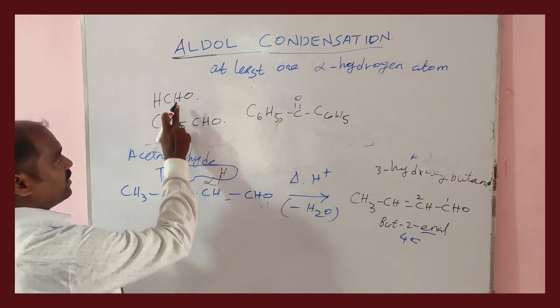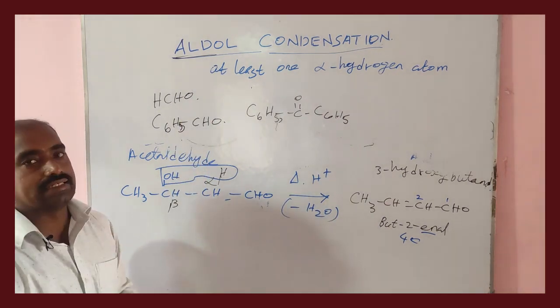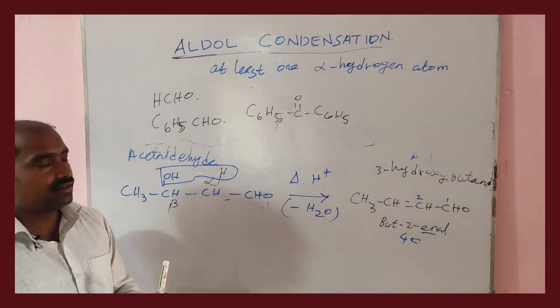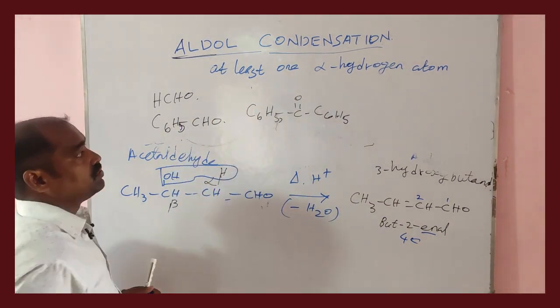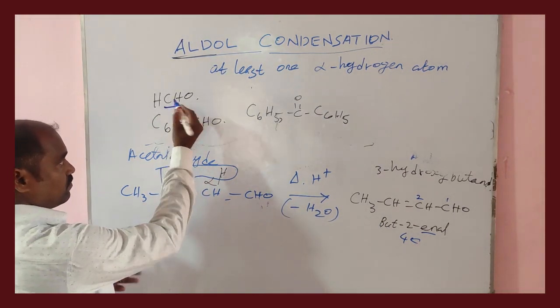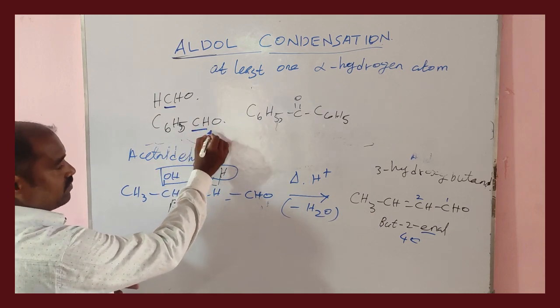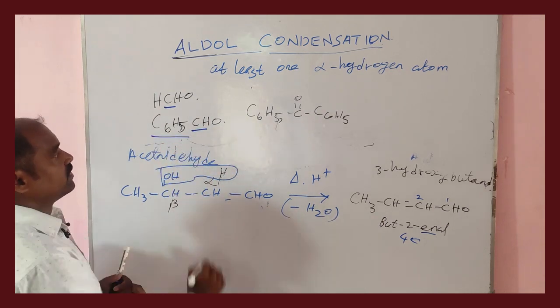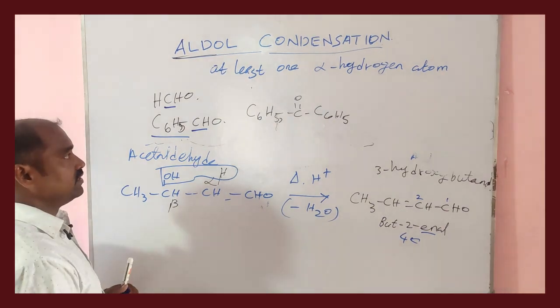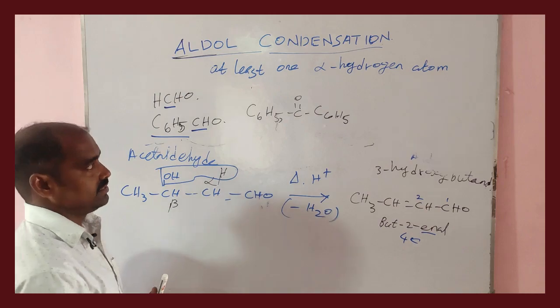These compounds do not undergo aldol condensation. The reason is these compounds do not contain alpha hydrogen. See here, only 1 carbon, no alpha hydrogen. Here there is an aldehyde group and a benzene ring C6H5. You cannot separate the alpha hydrogen because of the overall resonance of the benzene ring.